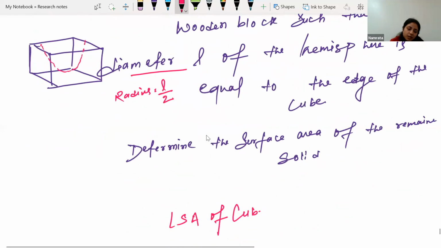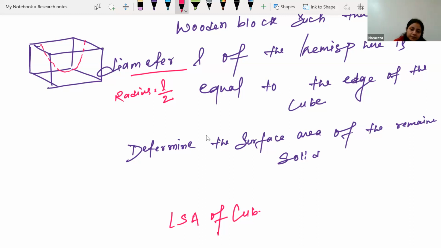You know the formulas already, right? What is the surface area formula for the hemisphere? Ma'am, 2 pi r square, like the LSA, right, ma'am? Mm-hmm, 2 pi r square. And what about the surface area for the cube? 6a square.